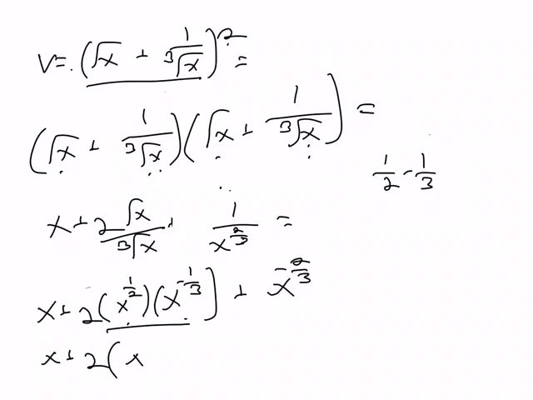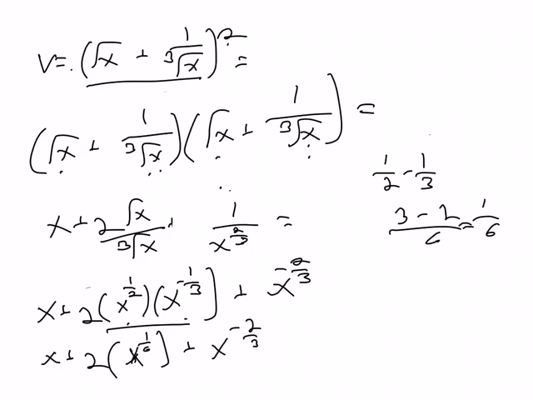So this becomes x to the 3 minus 2 over 6, which is 1 over 2. Wrong. Yeah, so this becomes 1 over 6. So this is x to the 1 over 6 plus x to the negative 2 over 3.